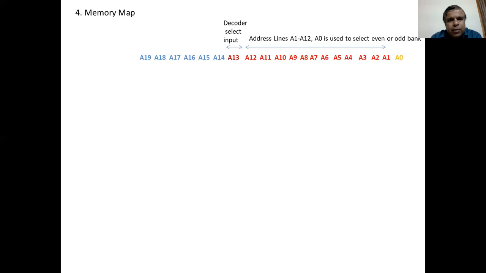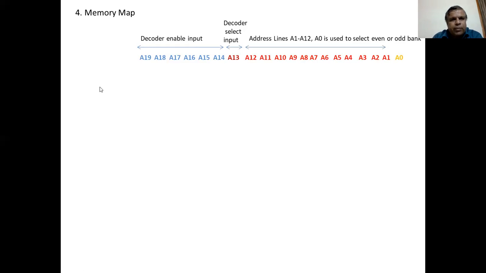In these extra address pins, A13 is used as the decoder select input. This selects either ROM or RAM. Then the remaining address pins A14 to A19 we send to the decoder enable input.